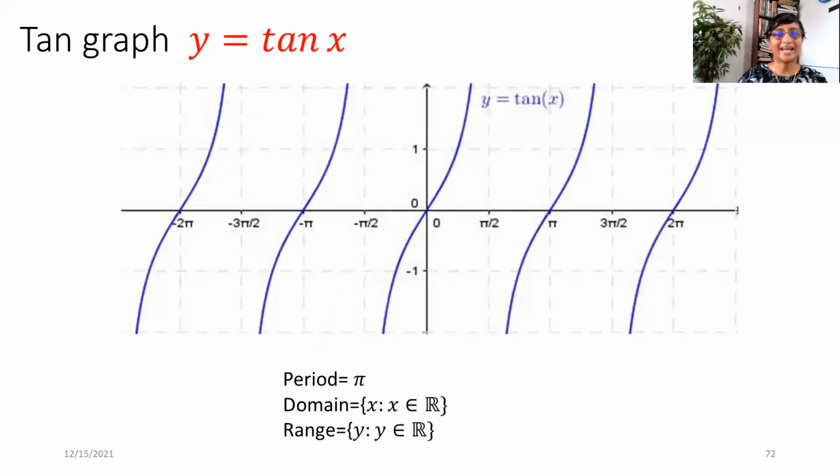Then the tan graph is a little weird. They're like snakes. This might not be very clear, so I might want to take you to Desmos. Let me see whether I can take you to Desmos. Yeah, I have it here.